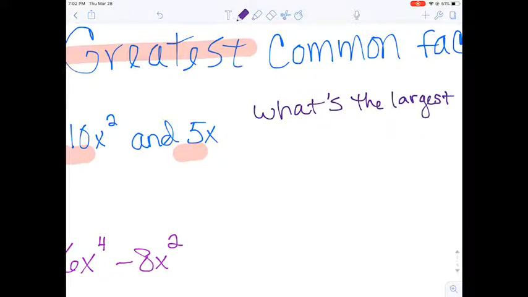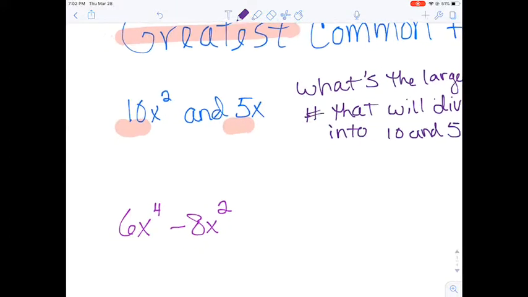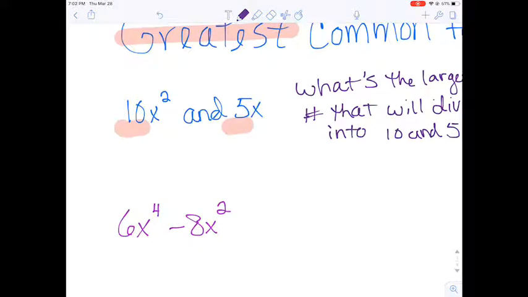What's the largest number that will divide into 10 and 5, or whatever two numbers you happen to be dealing with? Well, I know that 10 is 1, 2, 5, and 10.